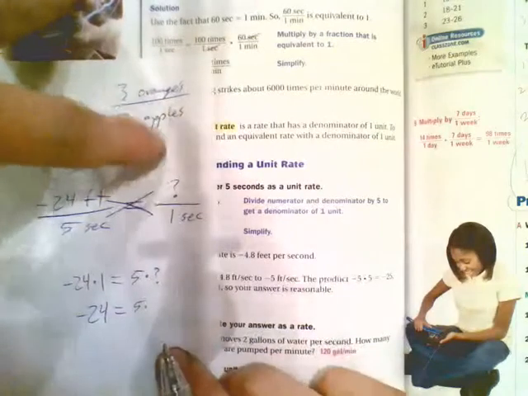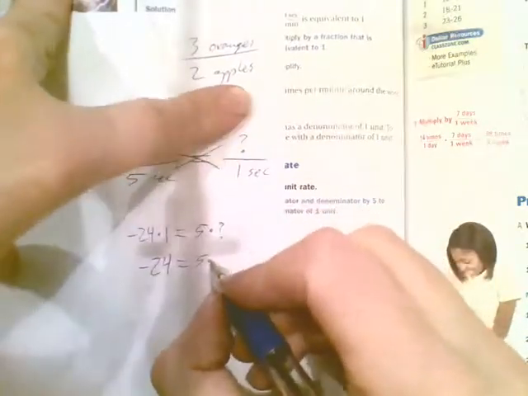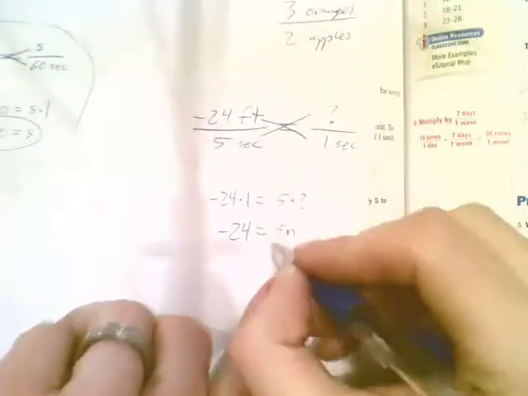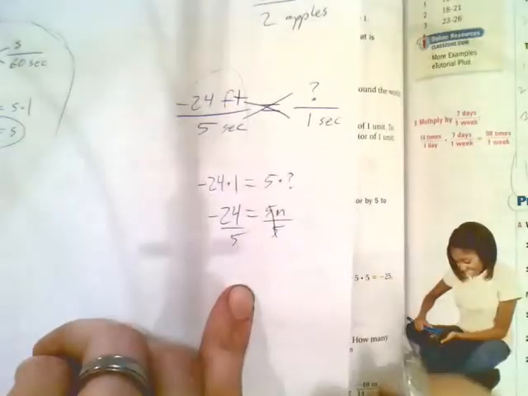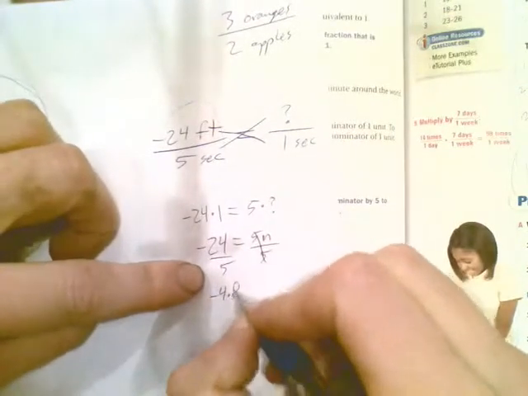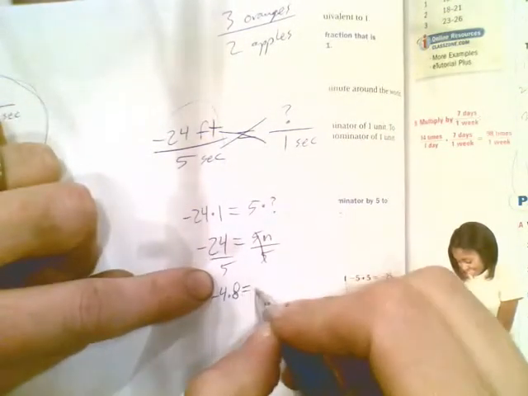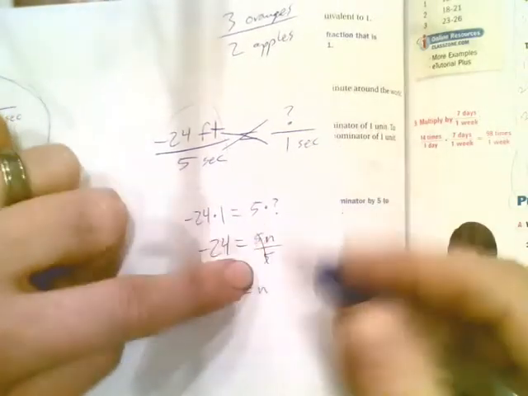Or this question mark is feet, right? We'll say N for number of feet. So divide both sides by 5. That'll be gone. Negative 24 divided by 5, let's see what they get. They get negative 4.8 equals that question mark, or N. So take this negative 4.8, put it right there.